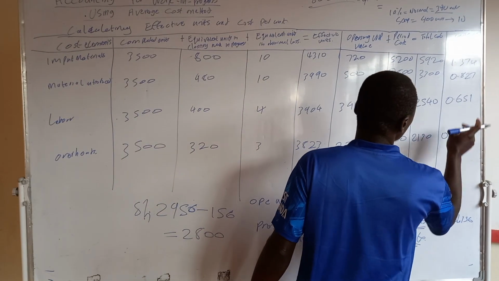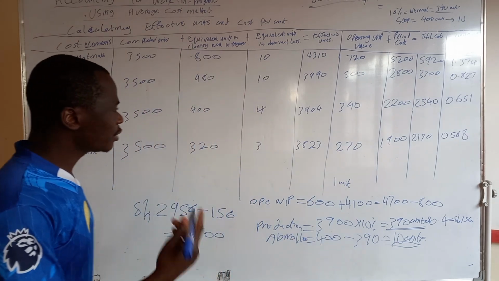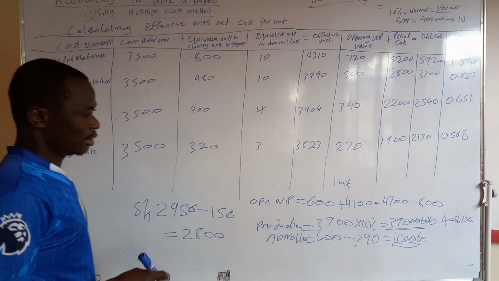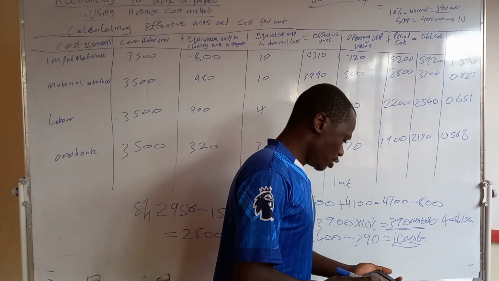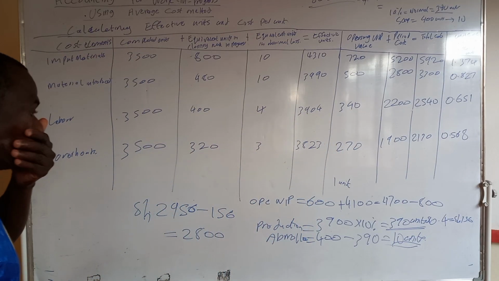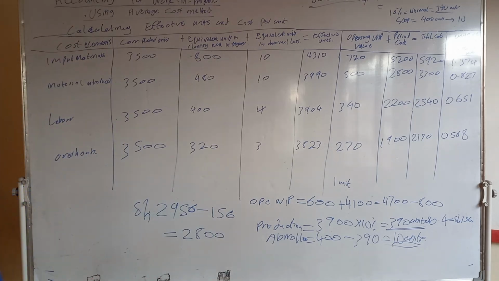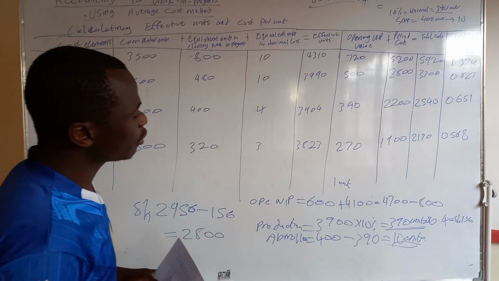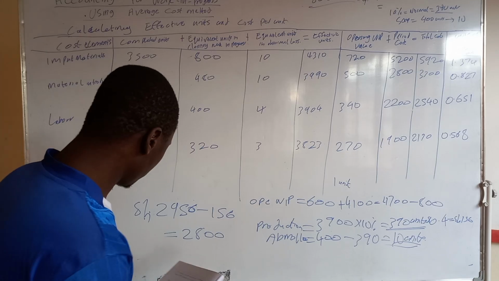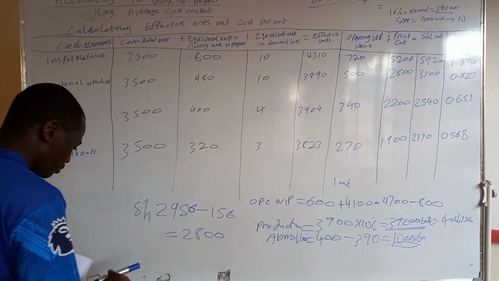This is the rate per unit in terms of overheads, labor, materials, and input materials. From there, we can now calculate the cost of various elements in our problem.